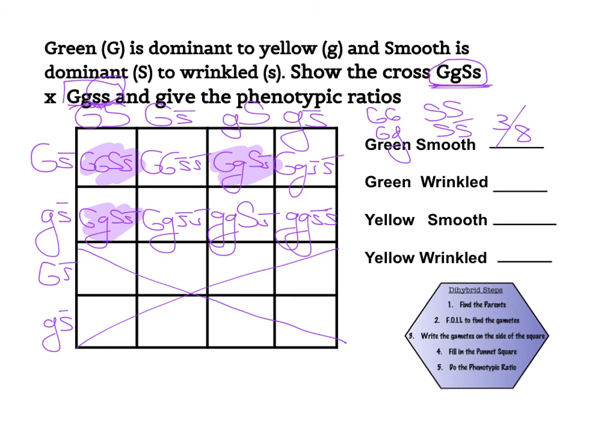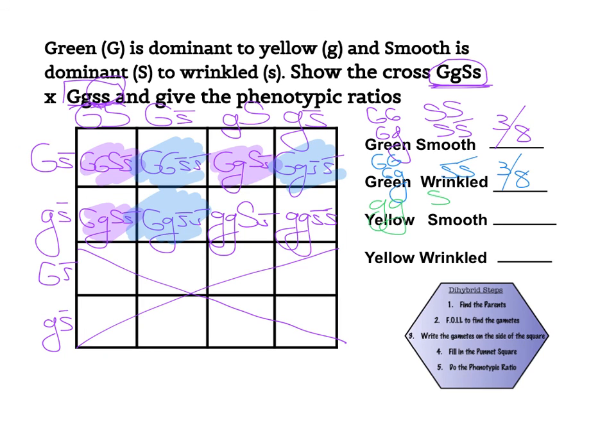All right, again, to be green, I need at least one big G. But to be wrinkled, I'm sorry, I think I said green and smooth. Green and wrinkled, I need 2 little s's. All right, so how many of those do I have? 1, 2, 3. So 3 out of 8, green and wrinkled. Okay. Yellow and smooth, I need to be little g, little g.